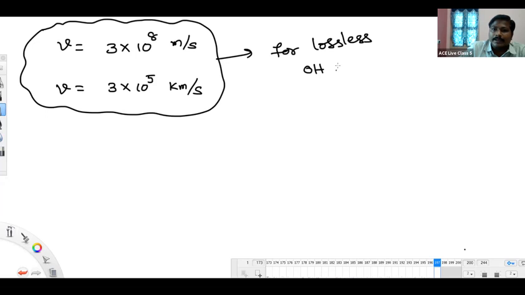Velocity of wave propagation for the lossless overhead line. See, if it's a lossy line having some resistance in that, then definitely velocity of wave propagation will be less than that number.